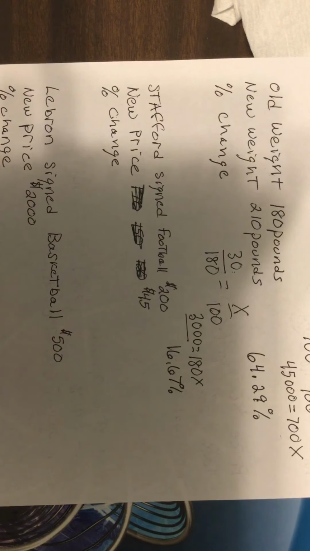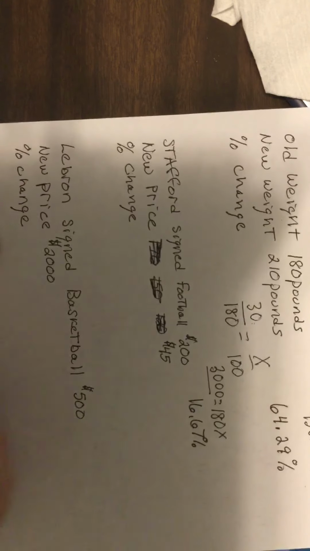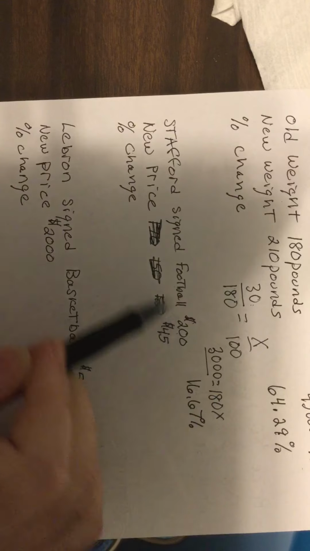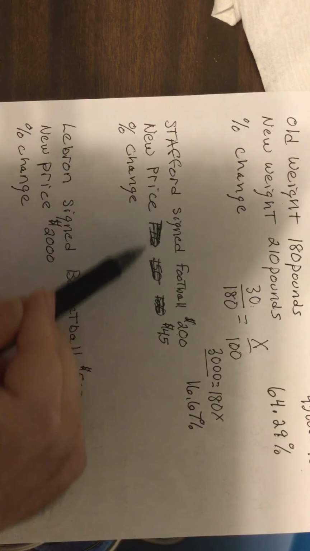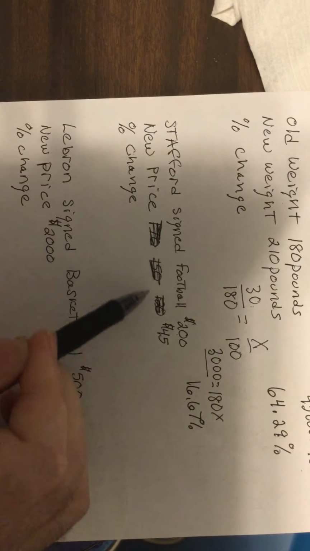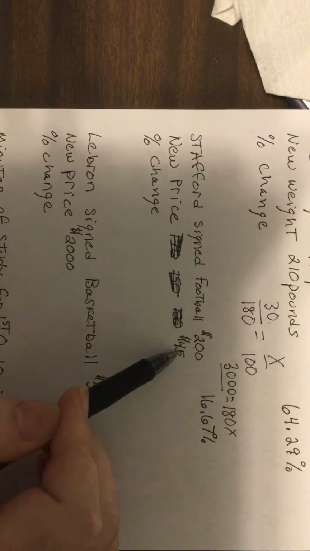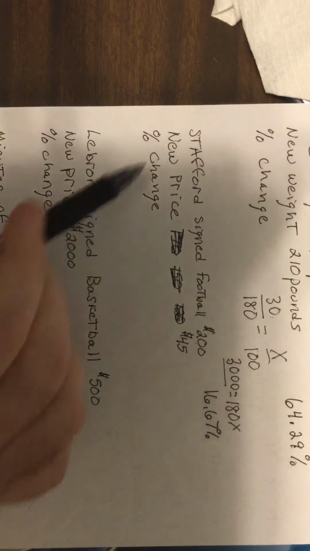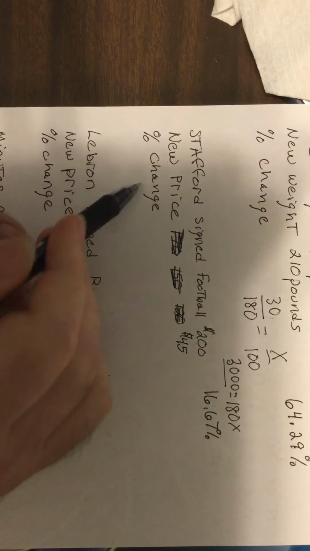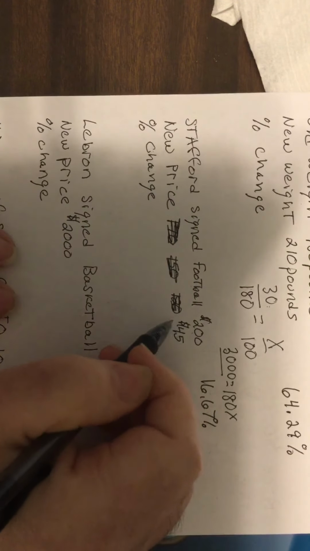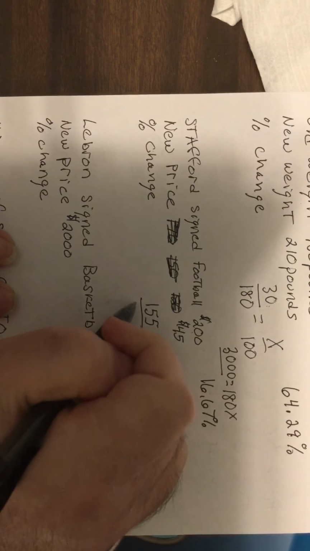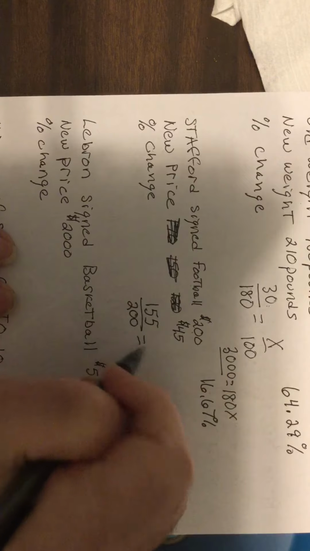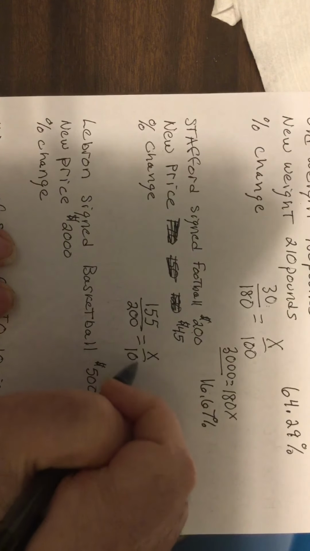Ooh, that's not good. So let's say we got Stafford signed to football and they were charging $200 for it. Then after the first game, we had a price, but we want to knock it even lower. So now it's only $45. So what's the percent change? So it's change in value. So it went down $155 over the original 200, x over 100.